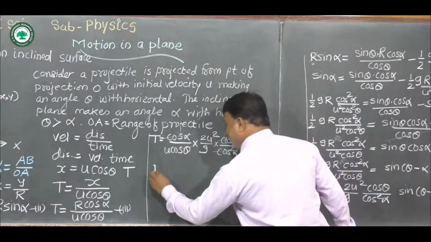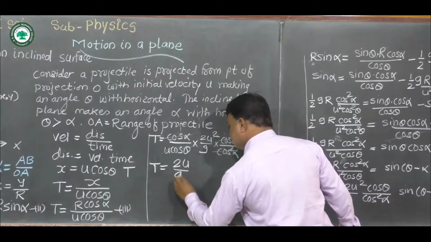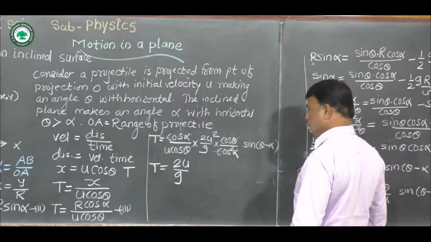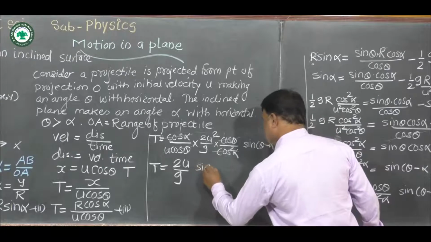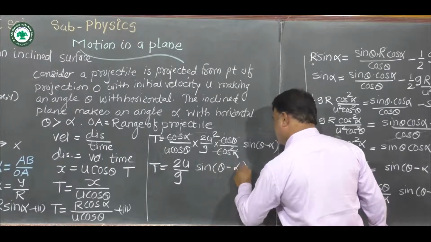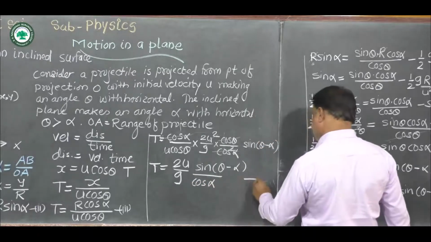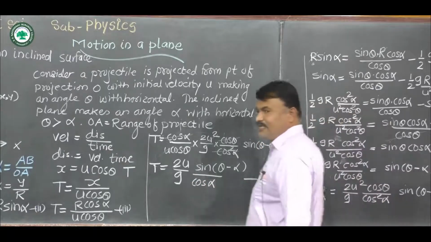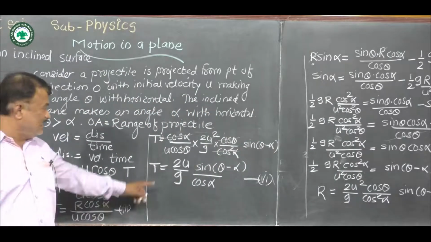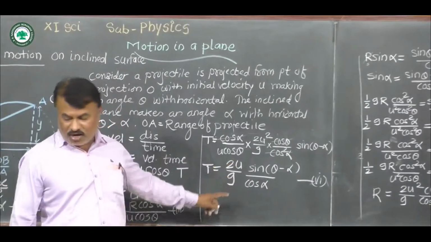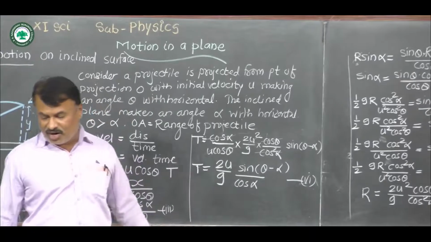And therefore we write capital T is equal to twice u upon g into sin(theta minus alpha) upon cos alpha. Equation 6. So in this way we can find out the time of flight, and this time of flight is equal to twice u upon g sin(theta minus alpha) upon cos alpha.